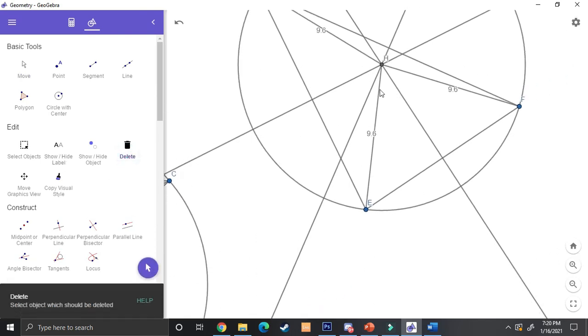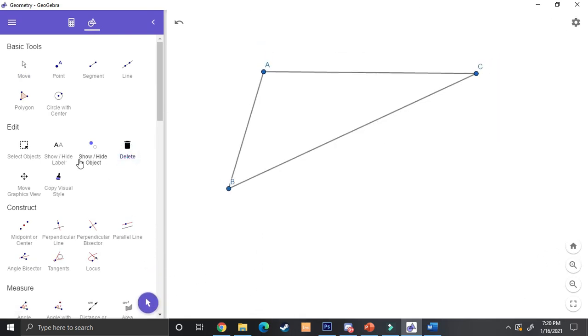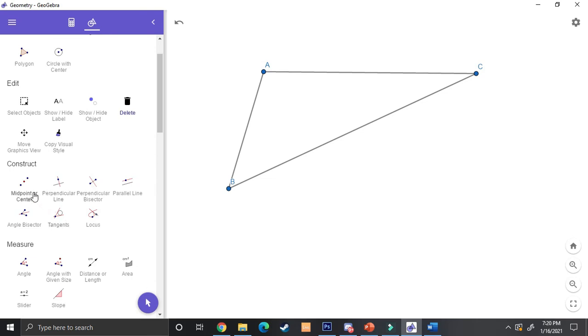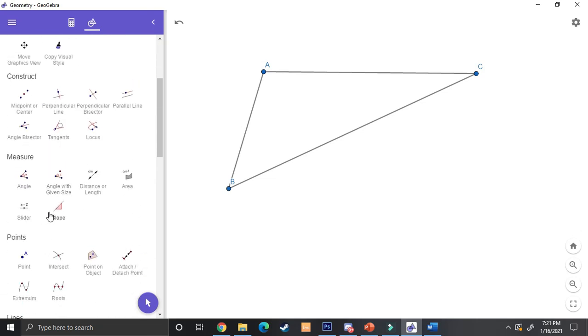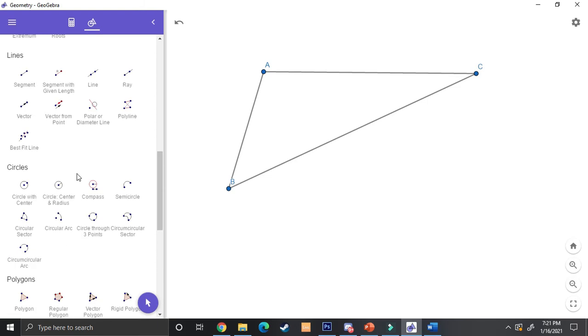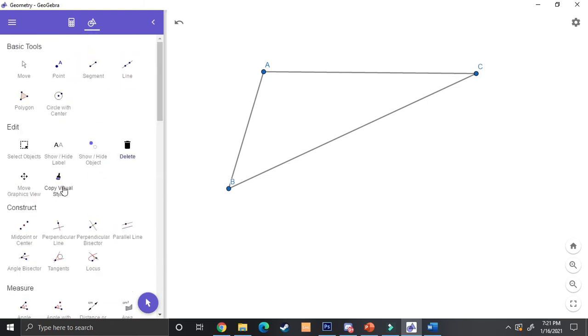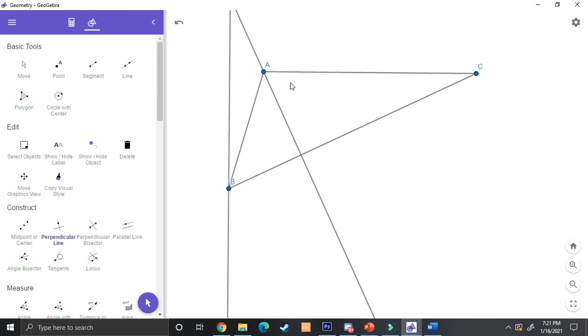Moving on to the orthocenter. So, to draw the orthocenter, we need to draw all the altitudes first. So, from point A to BC such that it's perpendicular, B to AC in the same way, and C to AB.